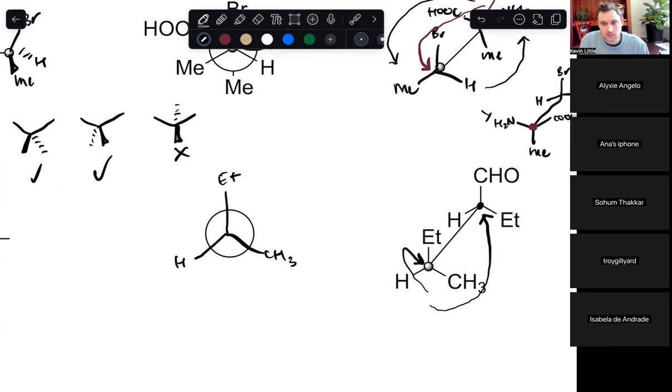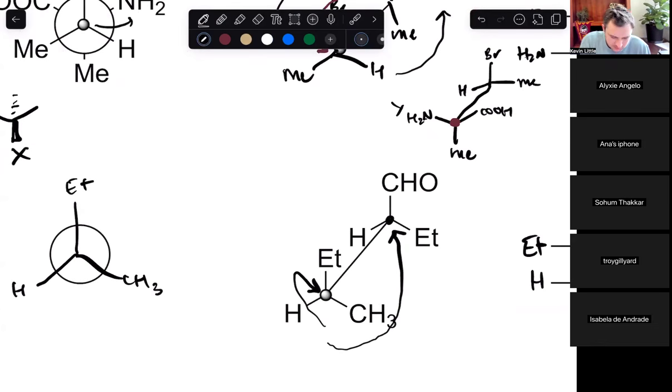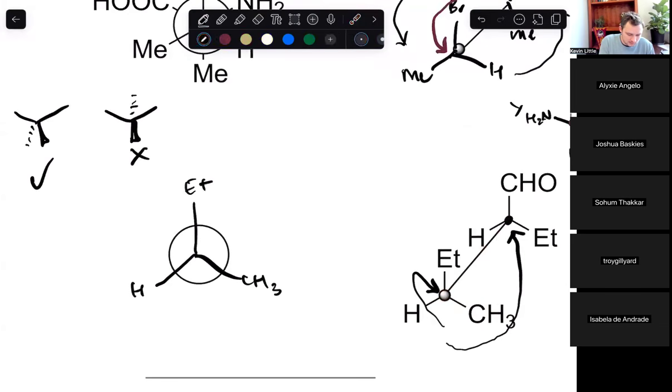One of the problems with the Newman is that if you pretended you were looking at this molecule straight down this line, the ethyl and that aldehyde would be on top of each other. The reality is that this molecule looks like this, but that's not really helpful or clear. You agree?